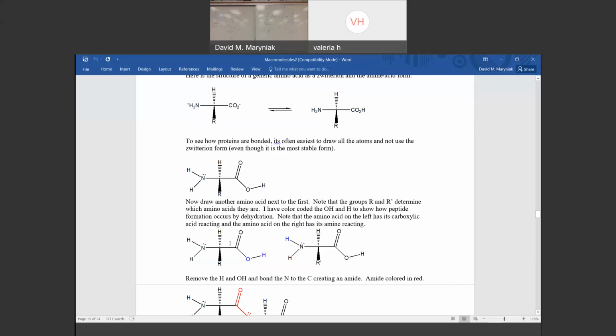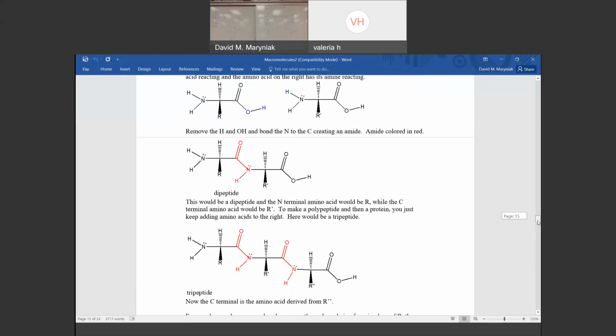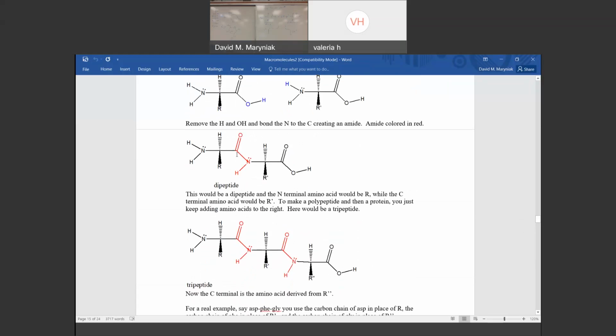When we go to link two amino acids together, this is why the convention is important to follow. Always draw the amino group, then the carbon and whatever specific amino acid it is, then the carboxylic acid of your first amino acid, and then your second amino acid, draw it the same way, because what you're setting yourself up to do right now is connect this nitrogen to this carbon using an amide bond.